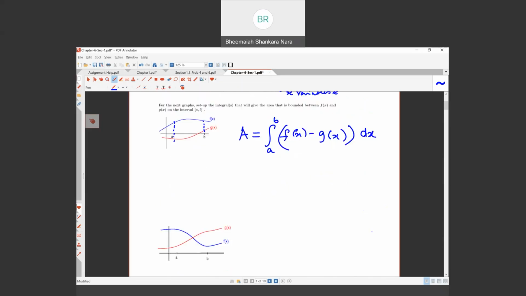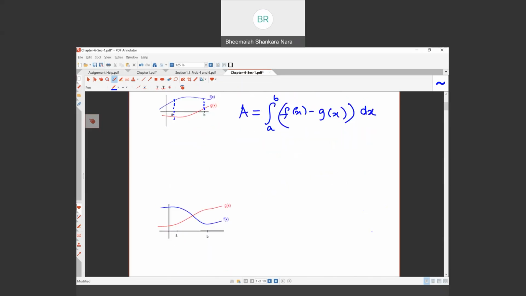The next one we have is area between the curves, where we have g on top of f sometimes and f on top of g on some other intervals. So we want to split this interval here at c, where we see the difference in the height.